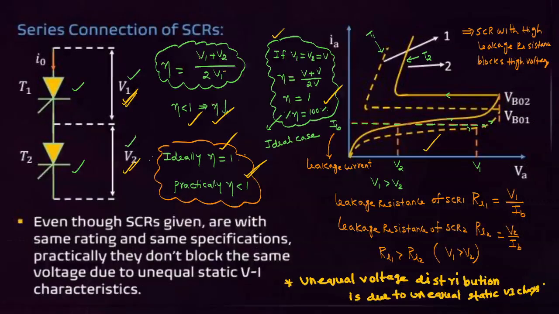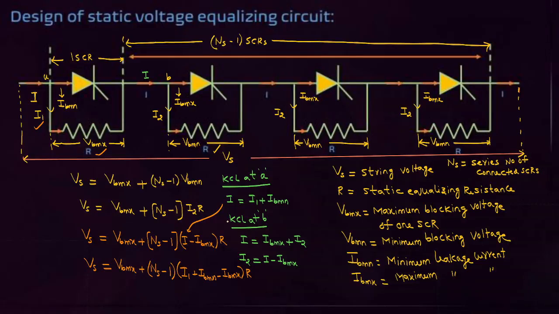That you have to concentrate on. Then how do we equalize these characteristics? To equalize the unequal voltage distribution due to static VI characteristics, we have to use the static equalizing resistance. What is it? A static equalizing circuit consists of one equal resistance across each SCR. That is called the static equalizing circuit.